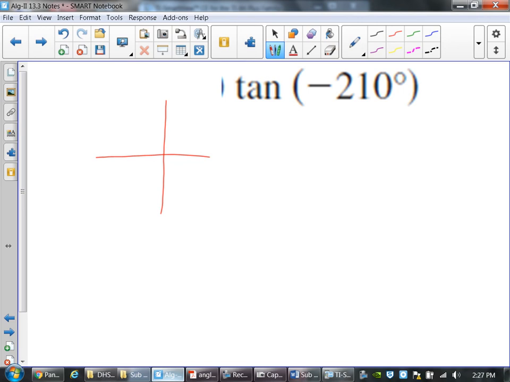Negative 210 spins you to what quadrant? Second quadrant, which gives you a reference angle of how far off? 30 degrees. Perfect. So you have a reference angle of 30 degrees, which means which of the two triangles are you going to use, 30-60 or a 45? 30-60. So I take a 30-60-90 triangle.